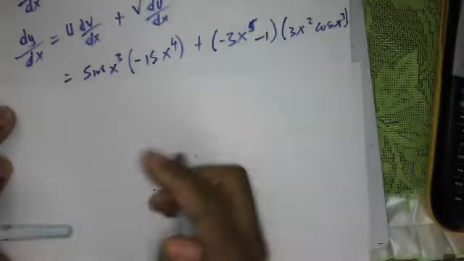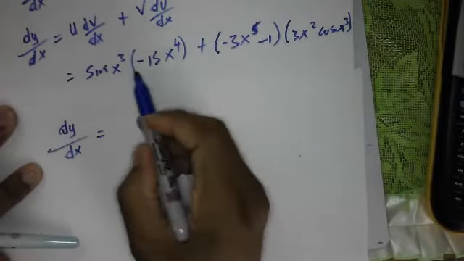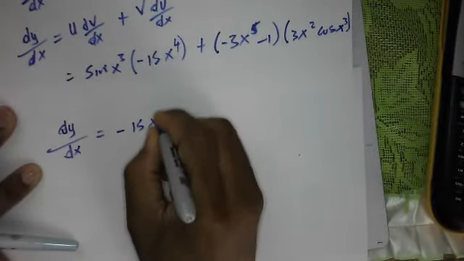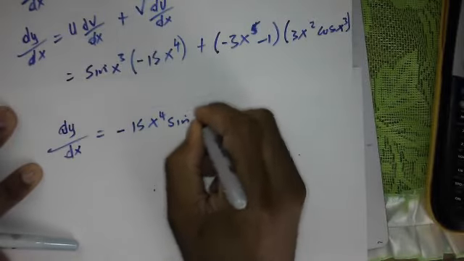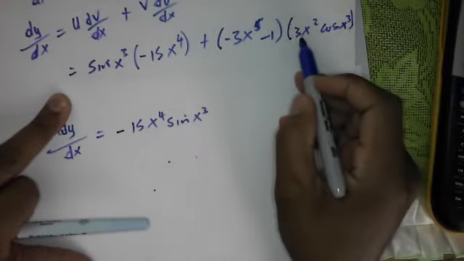So here we are. dy by dx, I'm going to bring this part to the front, so that would give me negative 15x to the 4th sine x cubed. Now I'm using this negative 3x to the 5th to multiply all of this.